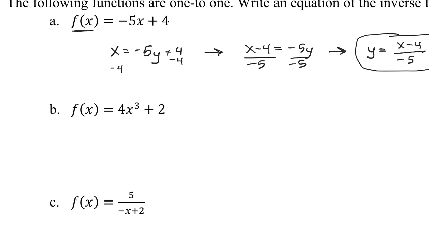Okay, part B is just pretty much the same. You switch the f of x, you make it an x, and then the x right here, you make that a y. And solve for y. Do you cube root now? Cube root's your last step here. You want to get y cubed alone, then cube root.